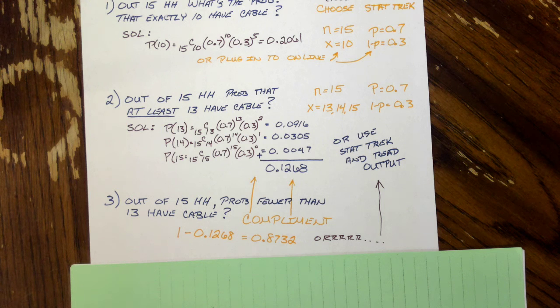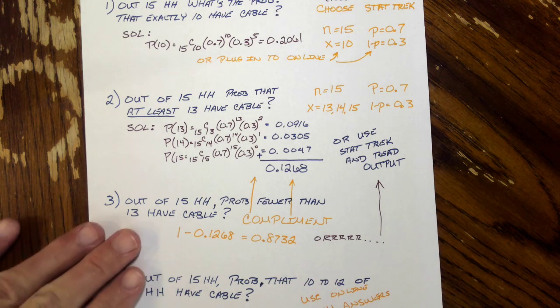Or on the StatTrek, my information is already calculated in there for me. I look at the cumulative probability, and that's where P of capital X is less than x, what we're plugging in at 13, and I can see there's the 0.8732 rounded right there for me. I just got to interpret the information best way that I can.